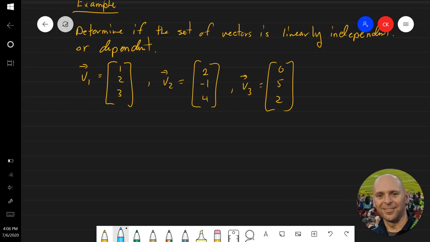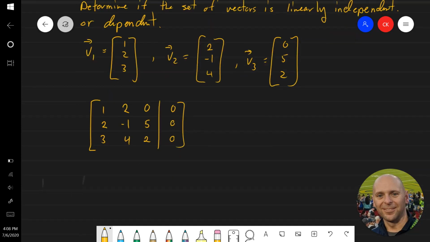So we're going to set it up as a homogeneous system and try to determine whether or not we get only the trivial solution to that system. Let's just throw it all into a matrix. And here's our homogeneous system, remembering that that's when we just set all of these things equal to 0.